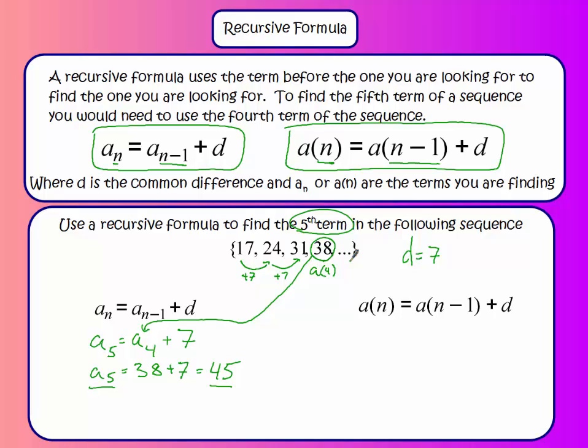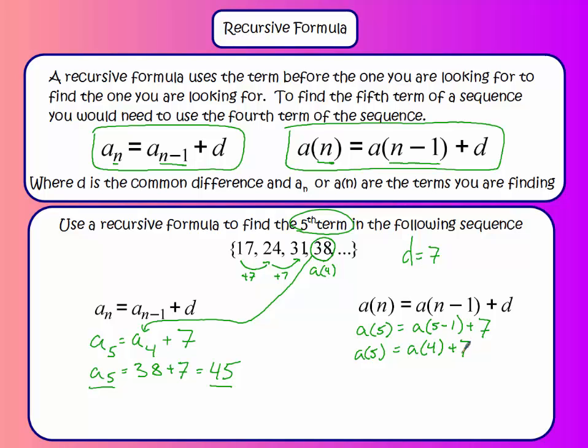Okay? So let's just try it with the other notation. It's the same thing. So A of n over here, in function notation, this would say I'm looking for A of 5, and that's going to equal A of 5 minus 1 plus D, which is 7 in this case. So A of 5 is going to equal A of 4 plus 7.